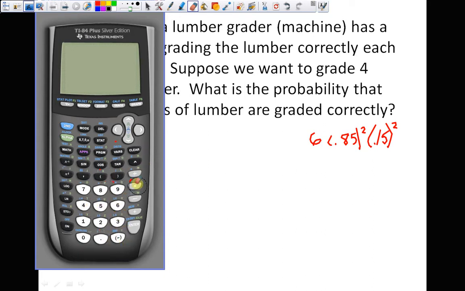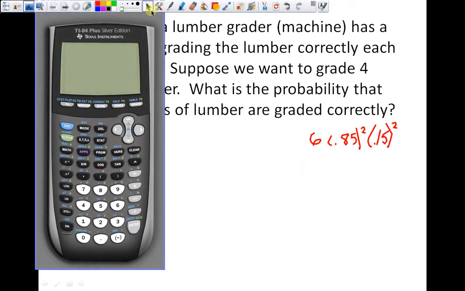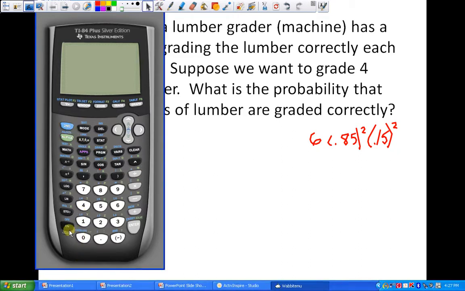Okay, we'll take a look at the calculator here. I'll leave my probability formula over here. So what we're doing first, turn it on, is we're going to do 4 choose 2. If you've ever heard that before, 4 choose 2 means how many ways can you choose 2 successes out of 4.